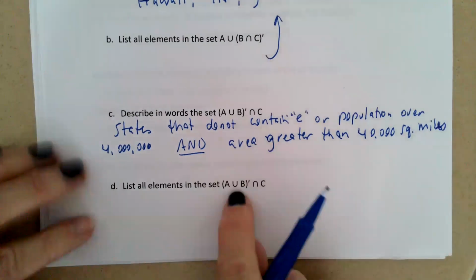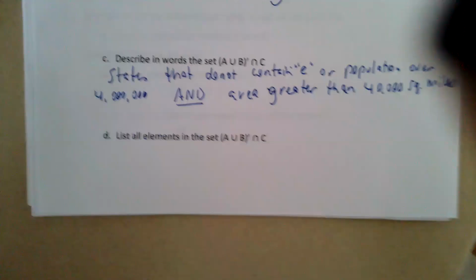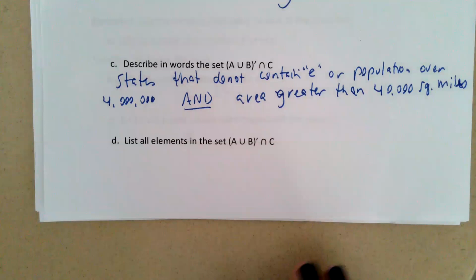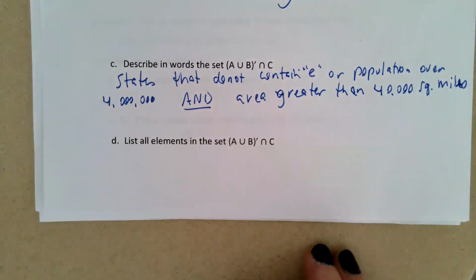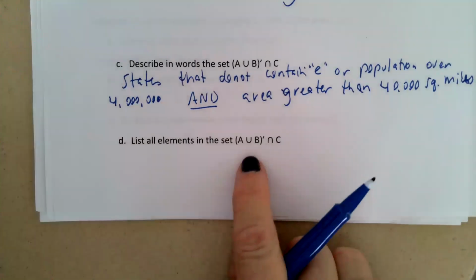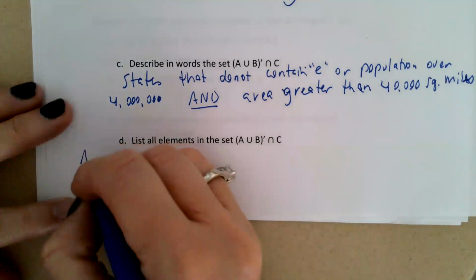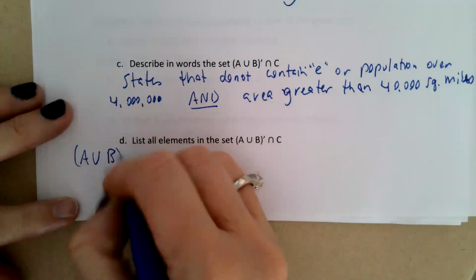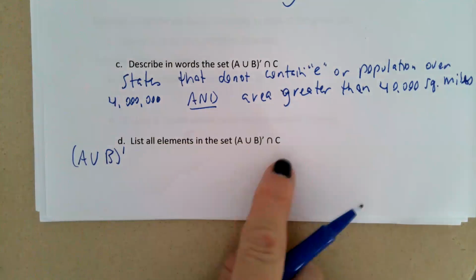Okay, so it might help if we listed A union B. Anything, the A union B prime. So let's list this.